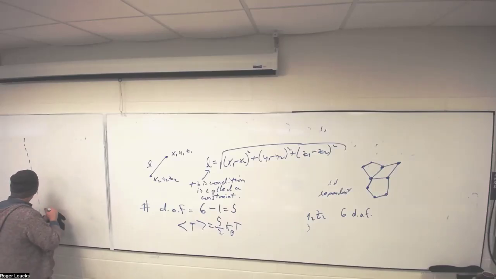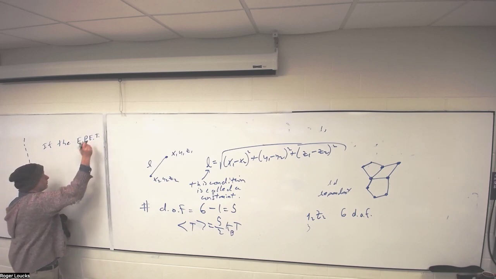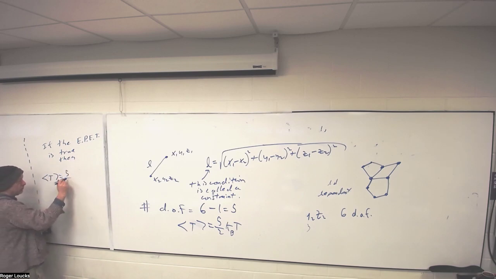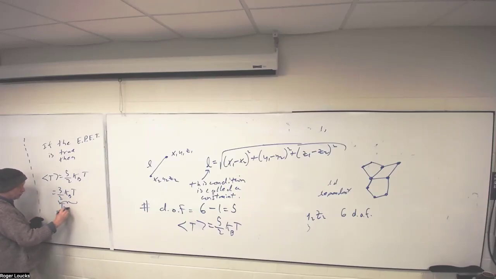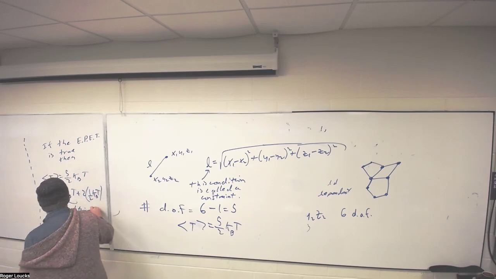So what this is saying is that the value here is really going to be 3 halves kBT for the translation, plus 2 times 1/2 kBT for the rotational.